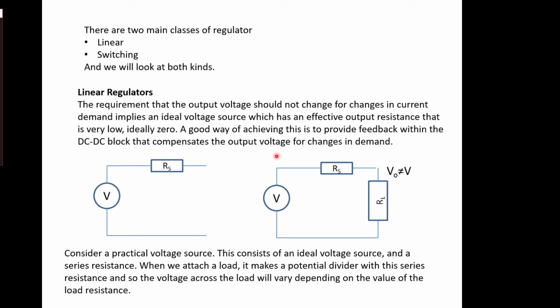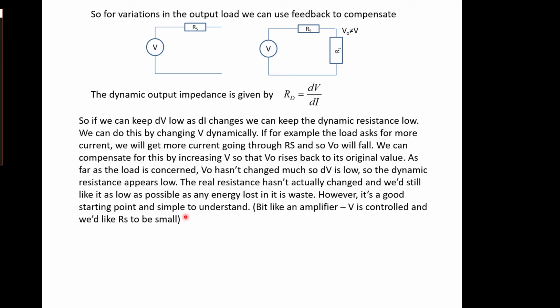So this voltage is going up and down to maintain this voltage at the same point as the load current varies through this system, and that implies feedback. And this is what we're effectively saying down here. So it's a long-winded way of saying the same thing.